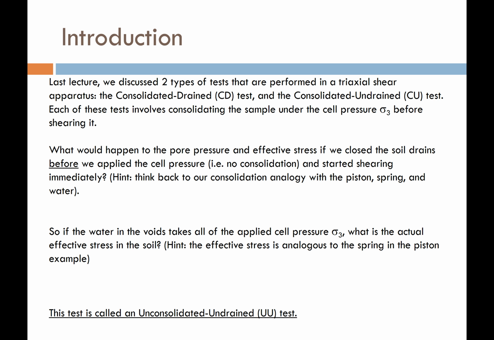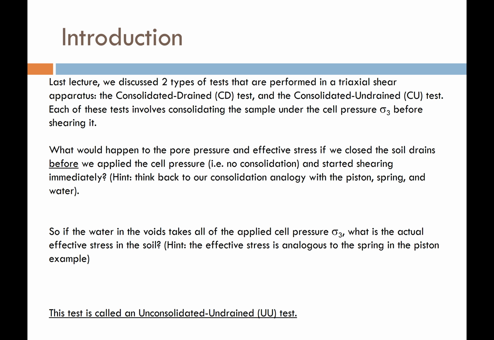So in lesson 20 we talked about two different types of tests that are performed in a triaxial shear device. We talked about the consolidated-drained test, where if you recall in a triaxial test there are two stages.